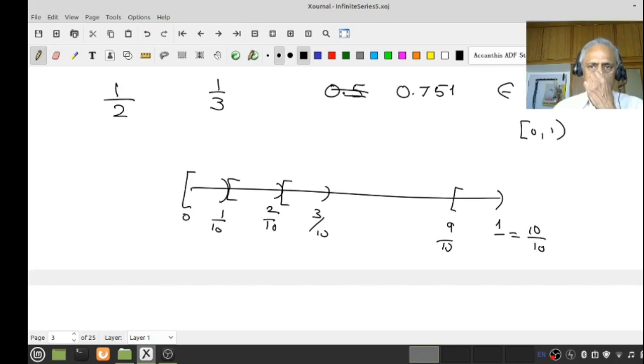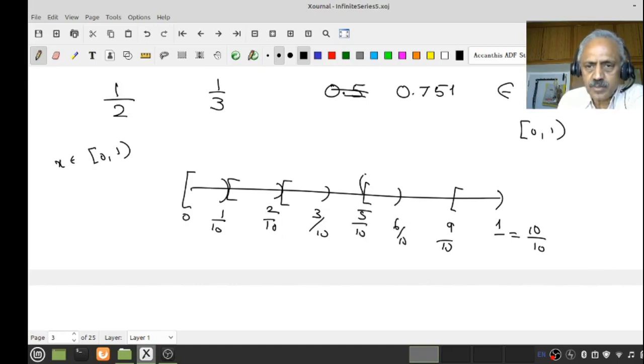Now, therefore, if you give me any real number x in the interval, it has to lie in one of these intervals uniquely. You understand that? For example, where will half lie? Half will lie in 5 by 10, 6 by 10.